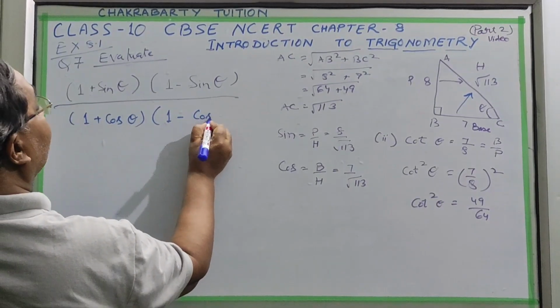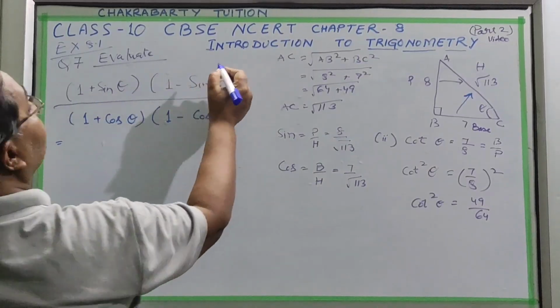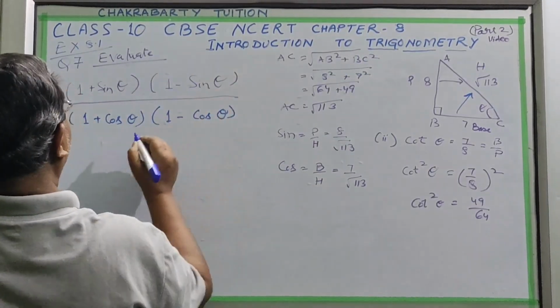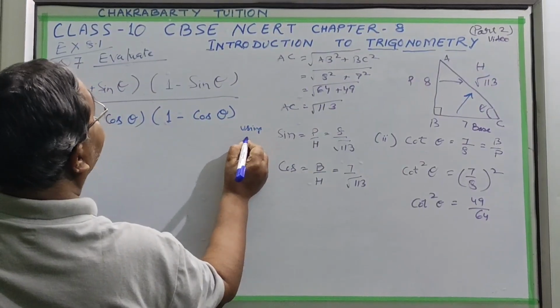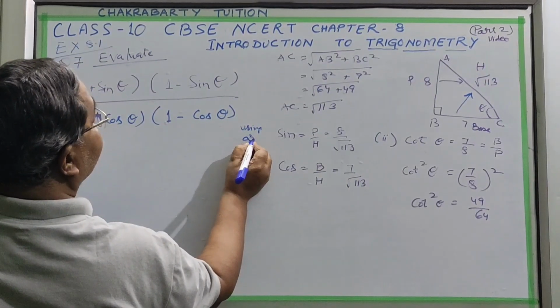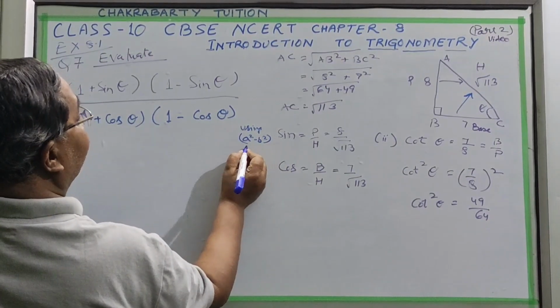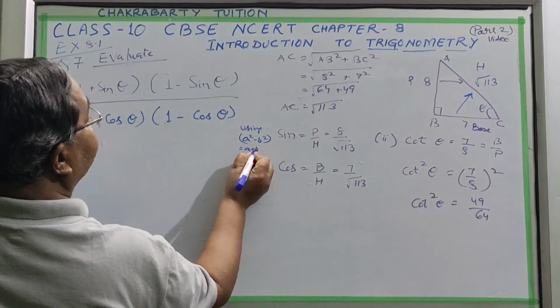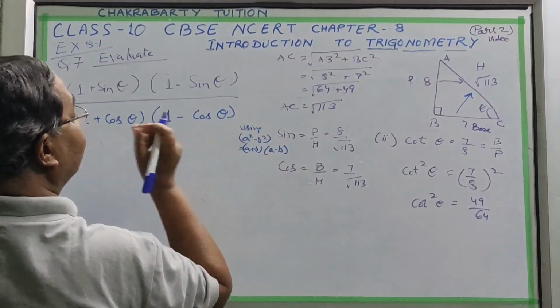So we know the formula, A square minus B square is equal to A plus B and A minus B. This is the algebra identity.